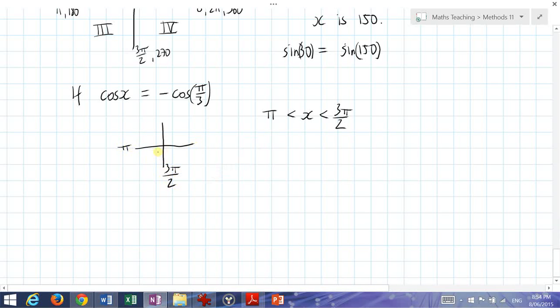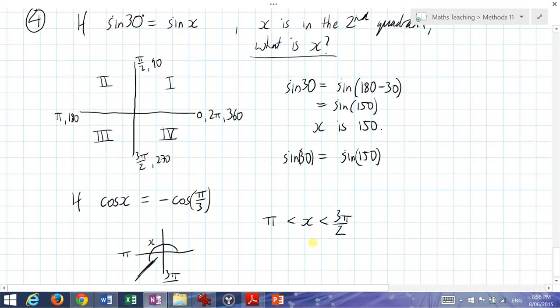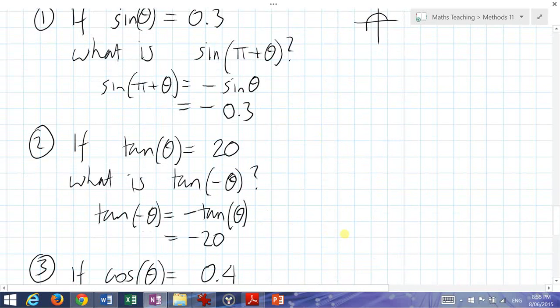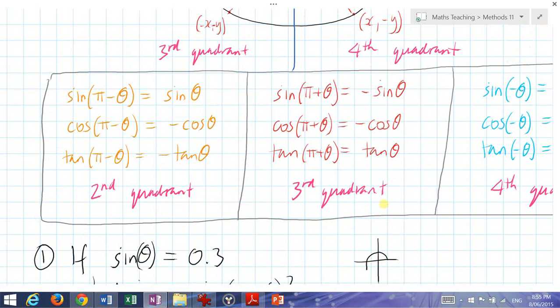It's telling us that x, the angle x, is putting us in a third quadrant. And if we look to the third quadrant, we can see that cos of pi plus theta is going to be negative cos of theta.